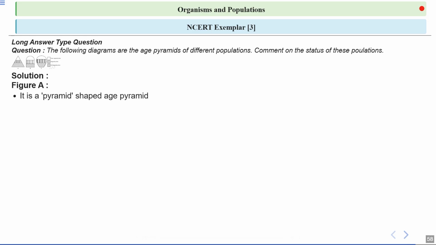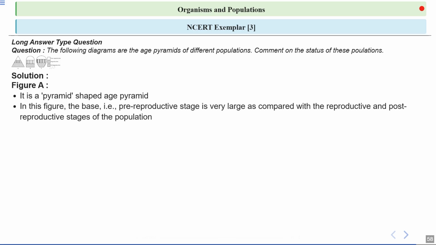Now it is a pyramid-shaped age pyramid. This means that the base is much wider than the top, just like a real pyramid. Here you can see the base of the pyramid, which represents the pre-reproductive age group, is much larger than the reproductive and post-reproductive groups. So this population will expand.